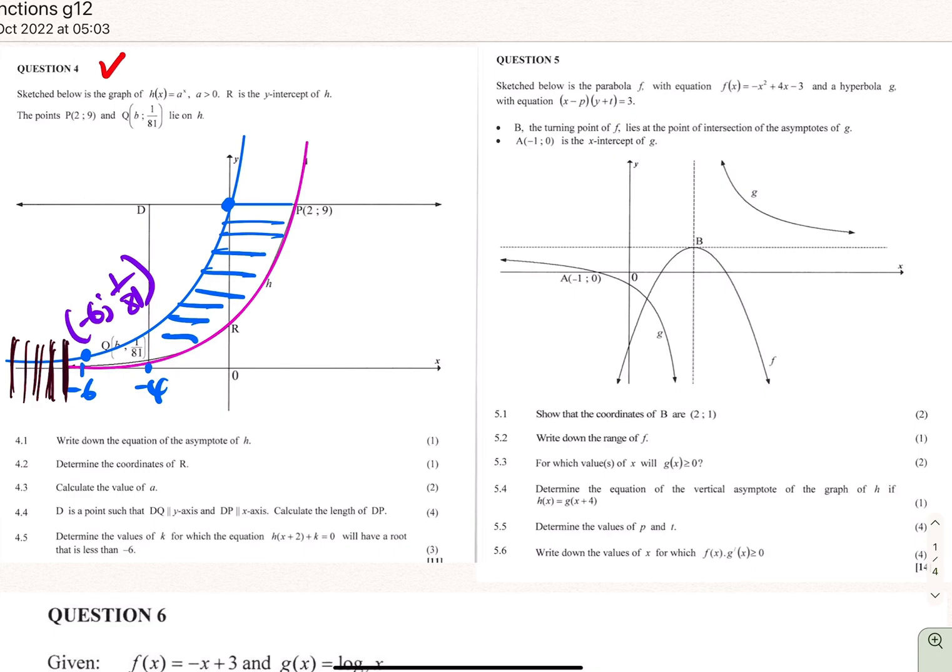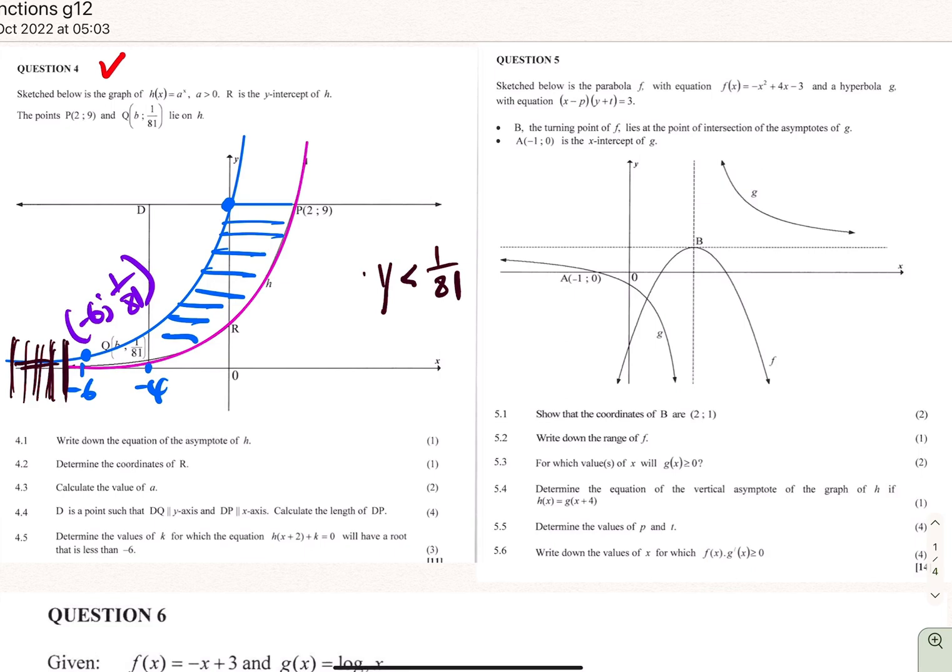So your y, which is -k, is going to be less than that y value there, which is 1/81, but it's going to be bigger than 0, because you can see it's approaching 0 as its asymptote.